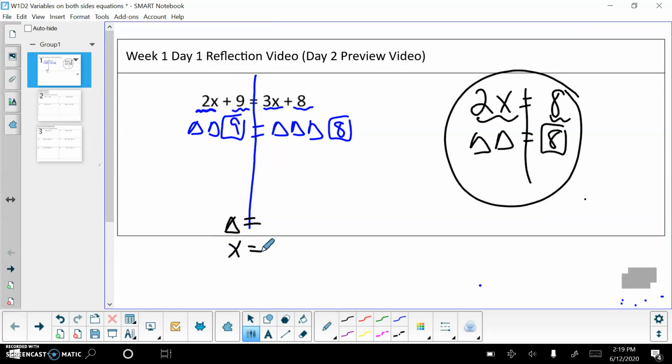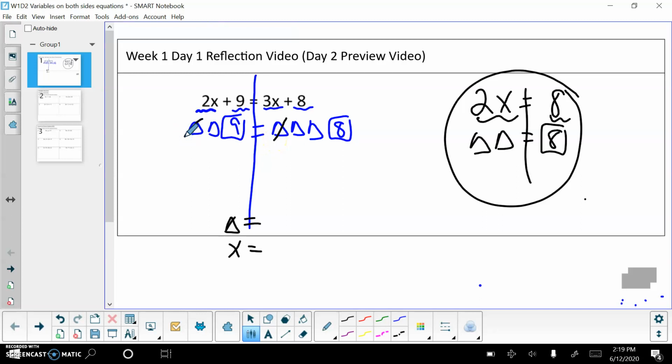So one thing that I can do is I can say, hey, I've got triangles on both sides, so I can take away triangles. And as long as I take away the same from both sides, then my equation is still what we call balanced. It's still equal because I'm doing the same thing on both sides. So if I take away one triangle from the right side, I have to take away one from the left side.